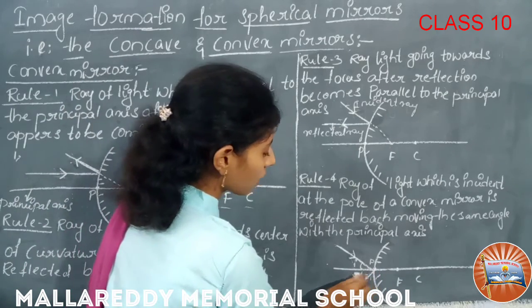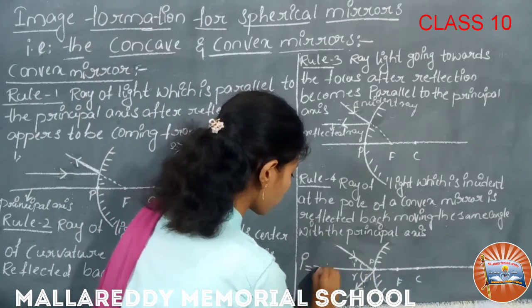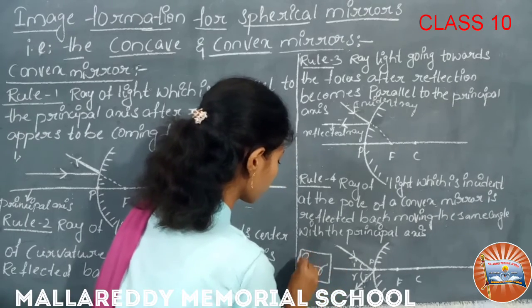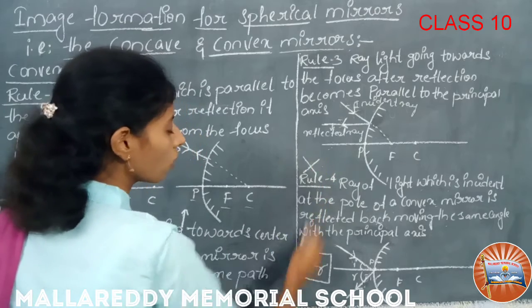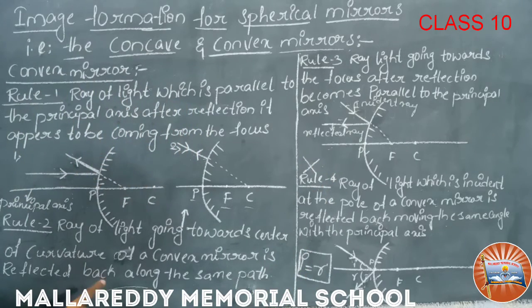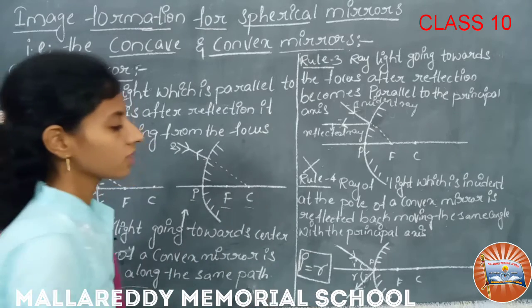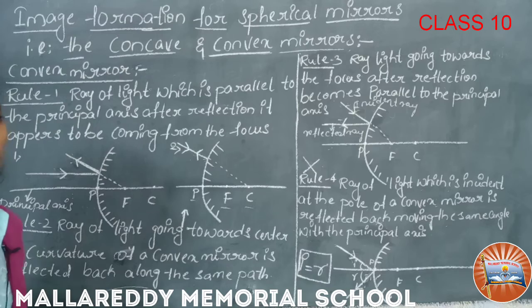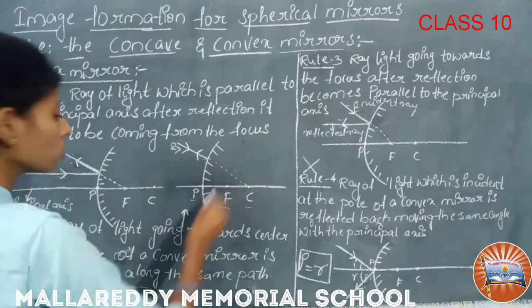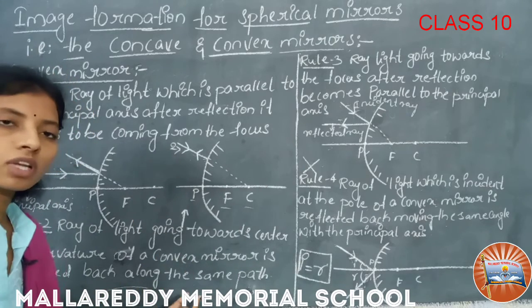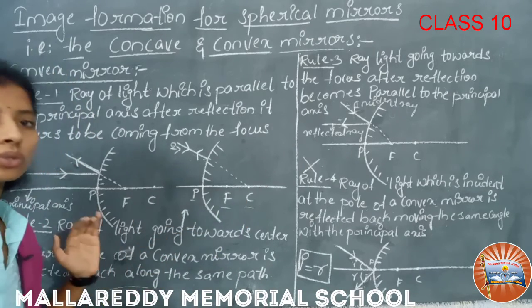So the angle of incidence equals the angle of reflection. Now these are the 4 rules to draw ray diagrams for the convex mirror. Similarly here also we avoid rule 4, because it is hard to measure accurate angles using a protractor. When drawing ray diagrams using rules 1, 2, 3, every time we will use any 2 of the 3 rules.